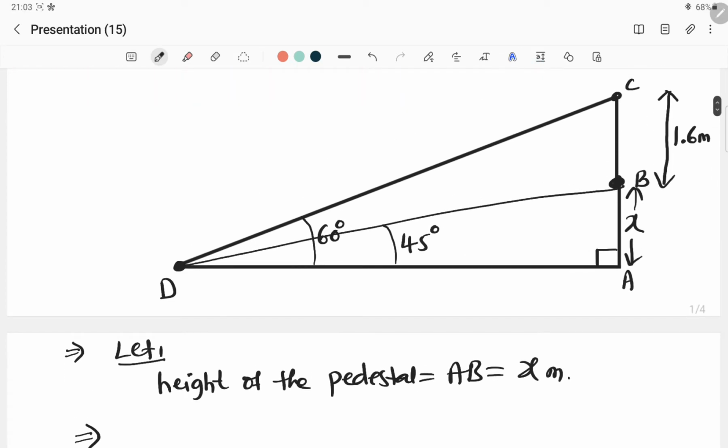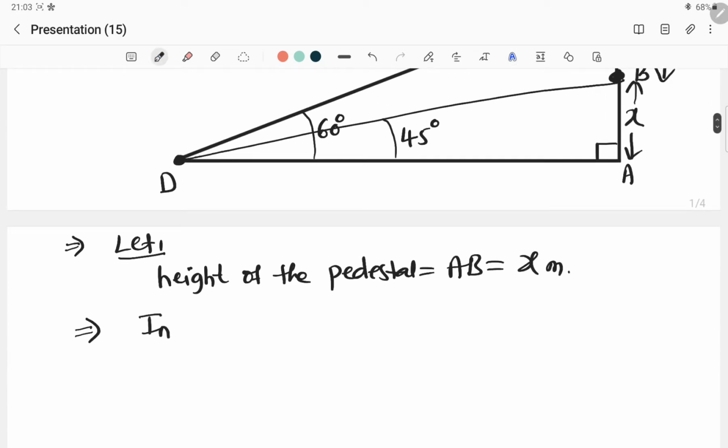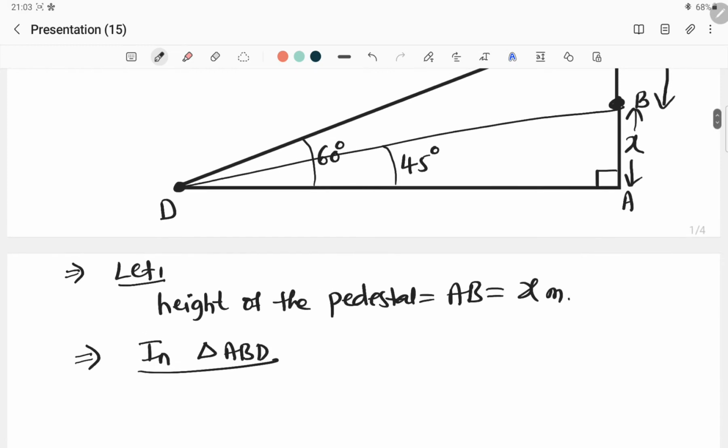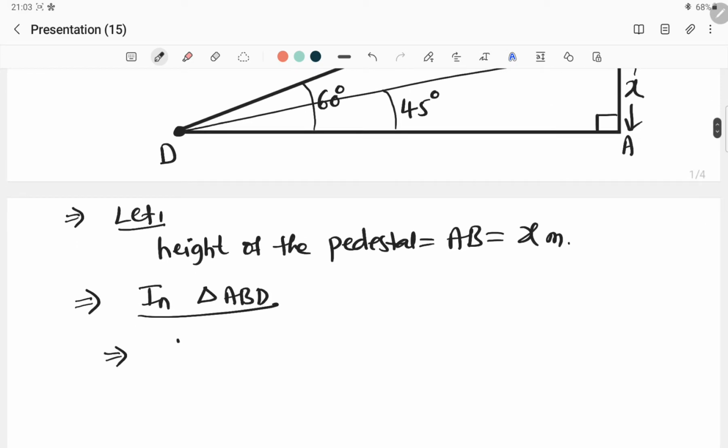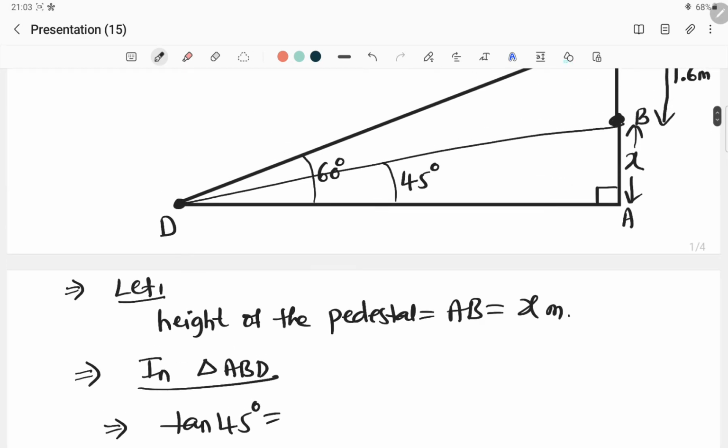What is that triangle? Just have a look at this triangle ABD. In triangle ABD, I'm going to apply tan 45 degree. So for this angle 45 degree, opposite is AB divided by adjacent, that is AD.